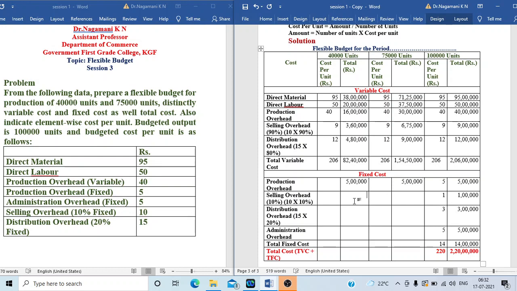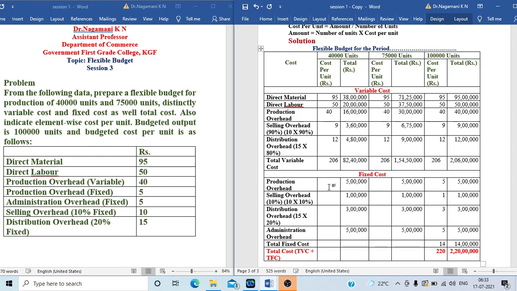Likewise, selling overhead 1 lakh is there, same it will come for 40 and 75,000 units. Then distribution overhead 3 lakhs is there, same amount will come because fixed cost amount will remain same if the production increases or decreases. Okay, and administration overhead 5 lakhs is there, that will also remain same.